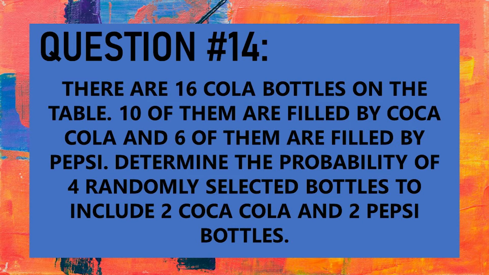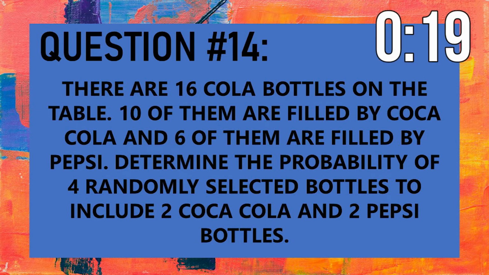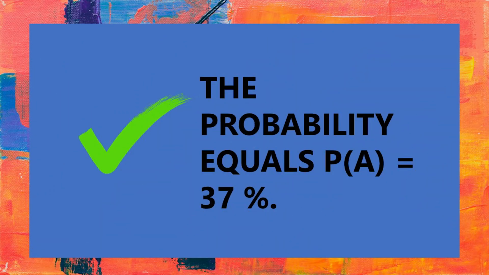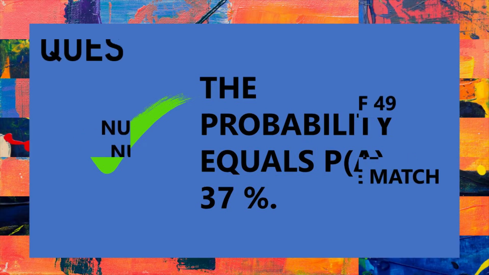Determine the probability of 4 randomly selected bottles including 2 Coca-Cola and 2 Pepsi bottles. The probability is P equals 37%.